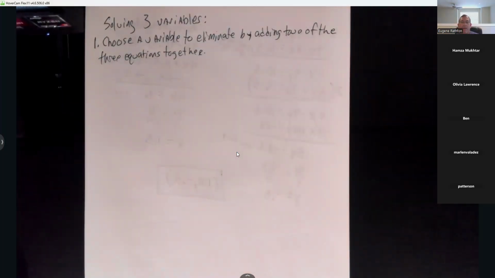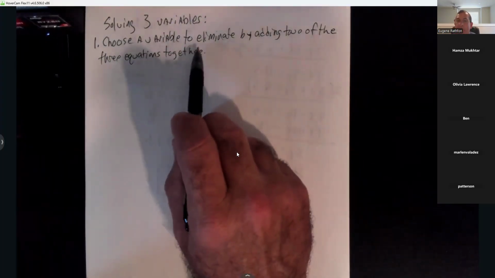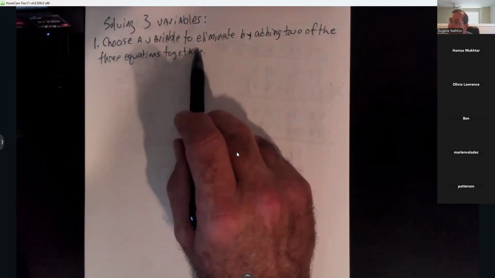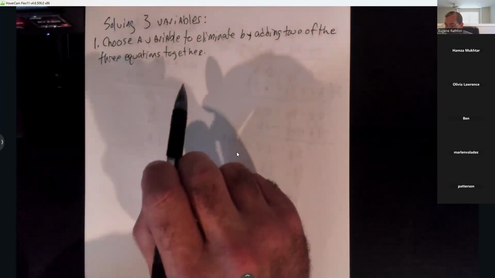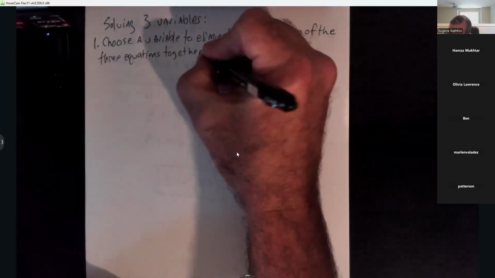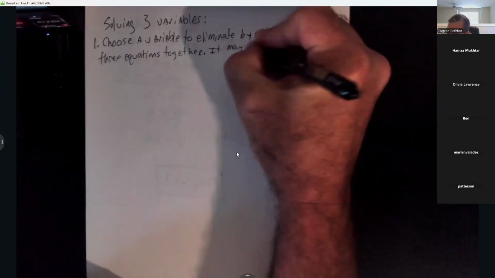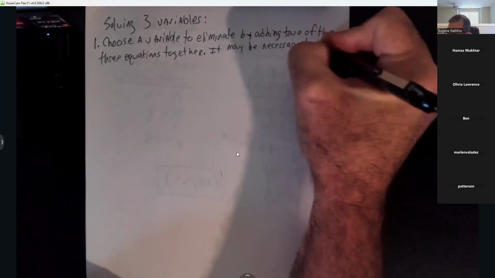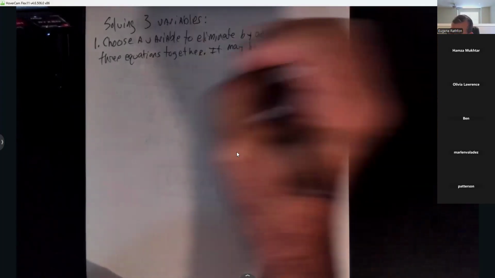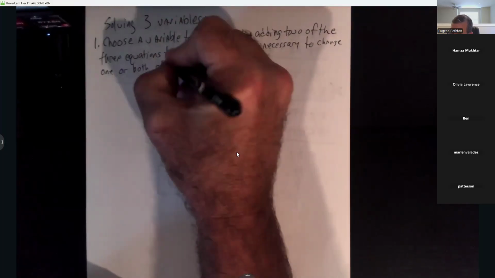So I'm picking two out of the three equations and I'm going to add them together to eliminate a variable. Now remember, it may be necessary to change one or both of the equations, so all that still applies, okay?